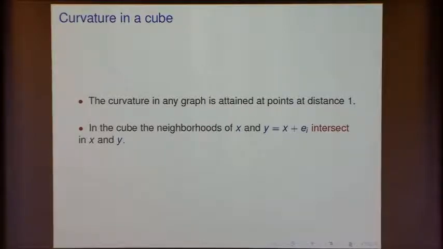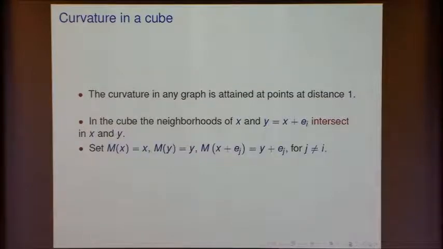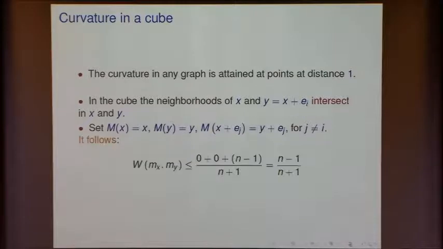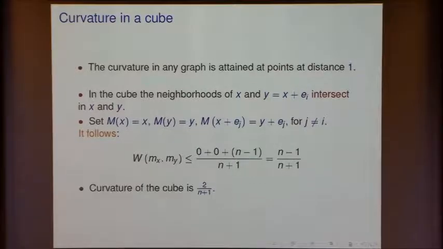You probably believe me. This is x, this is y, these are the neighborhoods, and both x and y are in the intersection. So this tells us that our matching doesn't have to move 2 points. x and y stay in place, and we define this matching very easily. So for the transportation distance, we only move n minus 1 points, distance 1, and therefore it's n minus 1 divided by n plus 1, and the curvature is at least 2 over n plus 1. It's very easy to see.